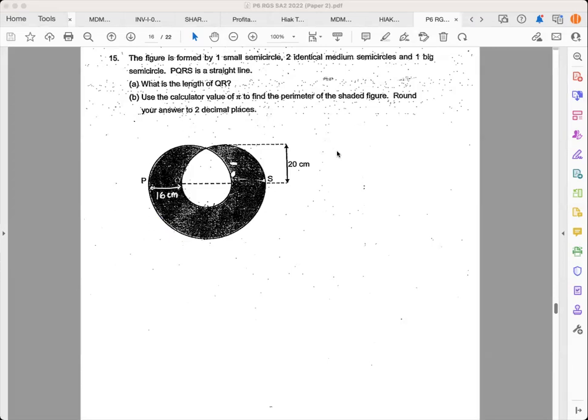But one thing for sure, we notice that this 20 centimeter, which is from the middle of, I would say, the line that splits the semicircle into half to the circumference, that will give you the radius of the medium semicircle. If this is the radius of the medium semicircle, this would be the diameter, which is 20 times 2.